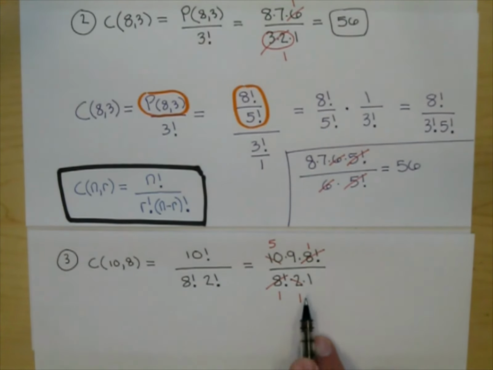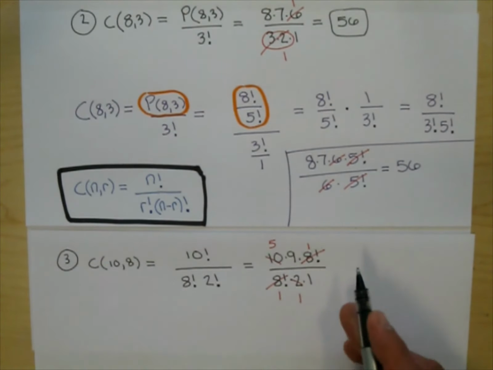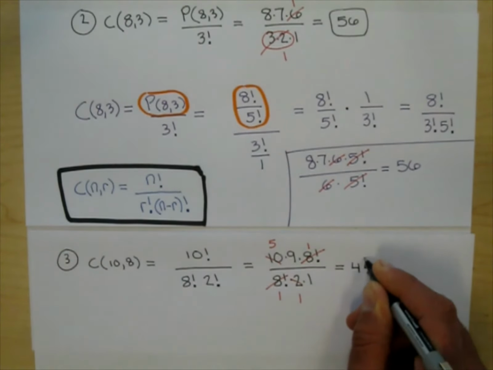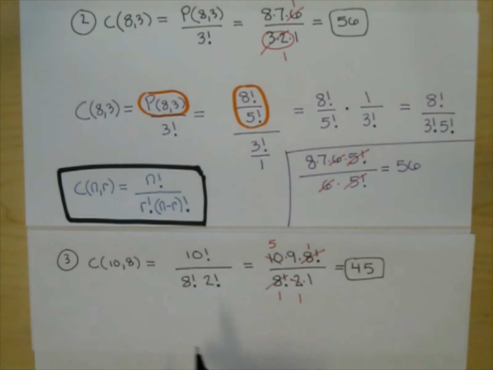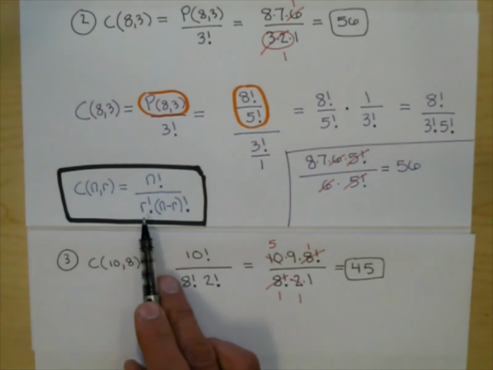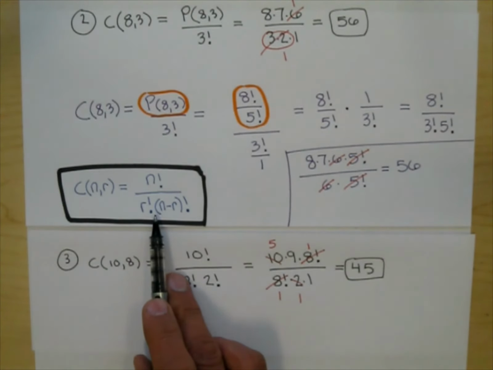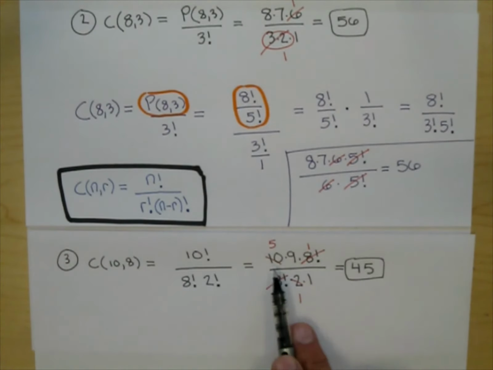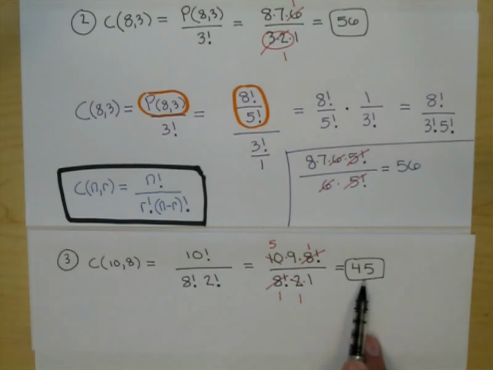On the bottom, there's just all 1s, and on the top, it's 5 times 9 times 1, which is 45. So even though this formula looks like we're always going to be doing fractions, you'll never get a fraction in the end. You'll always be able to reduce this, so there's all 1s on the bottom, and then you'll always get a nice number like 45.